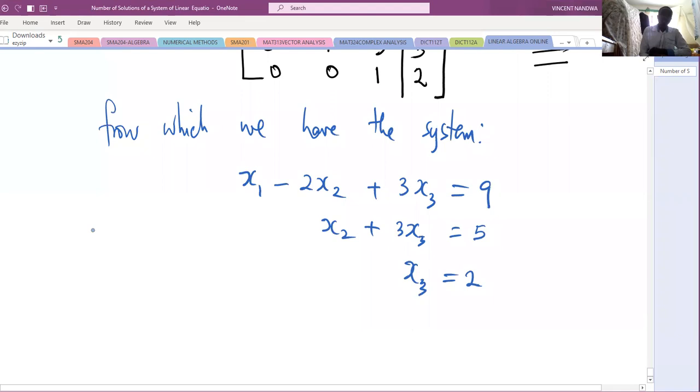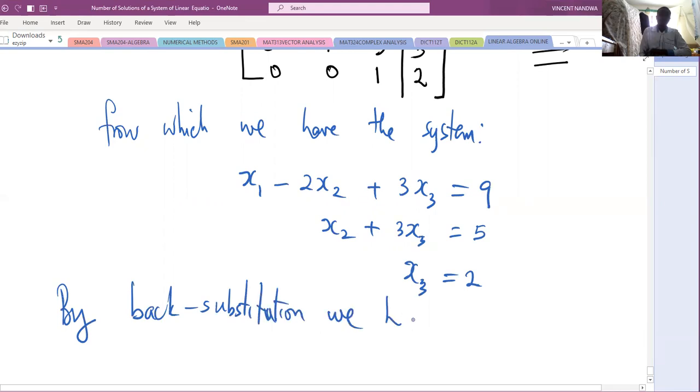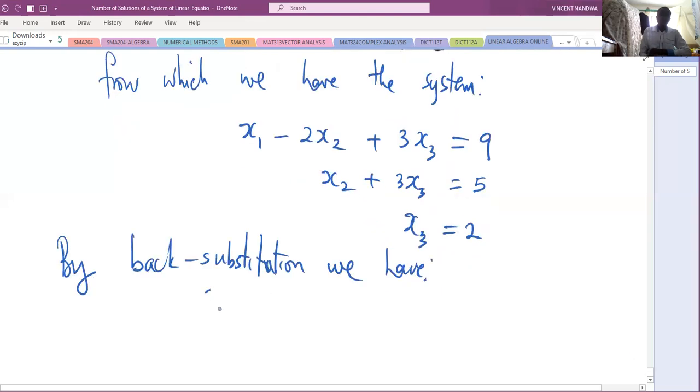Now, by back substitution, clearly from the third equation, x3 is 2. In the second equation, x2 plus 3 times x3, you put 2, will give us 5.